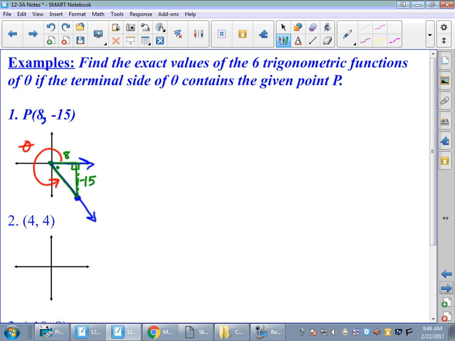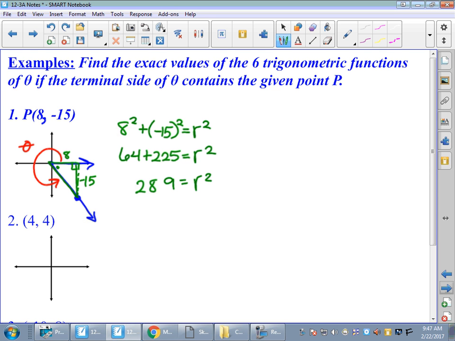So we got to find our r value. So 8 squared plus negative 15 squared is equal to r squared. 64 plus 225 is equal to r squared. And that is going to give us 289 is our r squared. And when we take the square root of that, I believe that is 17.